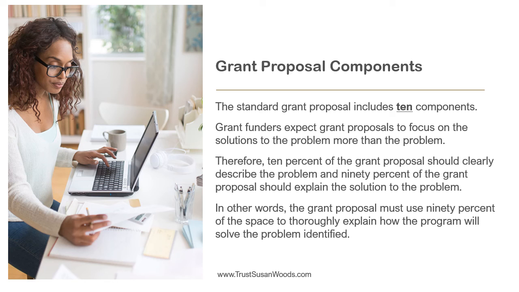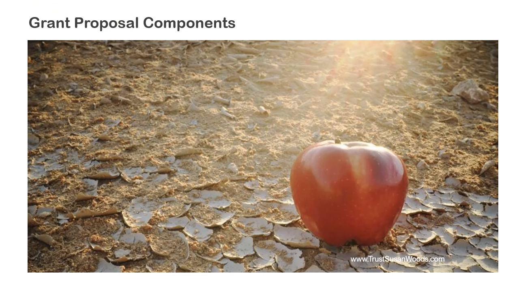Therefore, it is recommended that 10% of the grant proposal should clearly describe the problem the community is experiencing, and 90% of the grant proposal should explain the solution to the problem. In other words, the grant proposal should use 90% of the space to thoroughly explain how the program will solve the problem identified. And here are the grant proposal components.